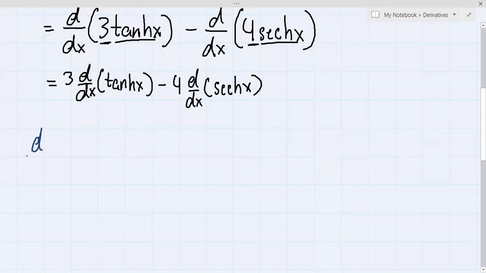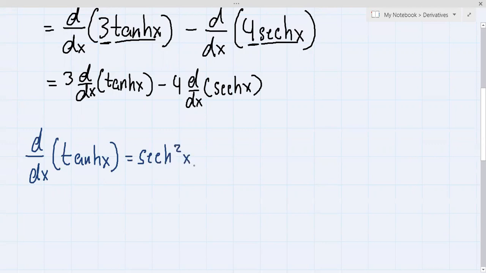Now, we can differentiate. So, let's have a recall. What is the derivative of hyperbolic tangent x? Yeah, correct. Ang derivative nito is secant h squared x or basically hyperbolic secant squared x. Alright?